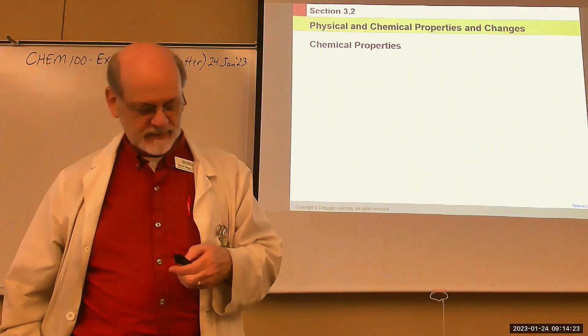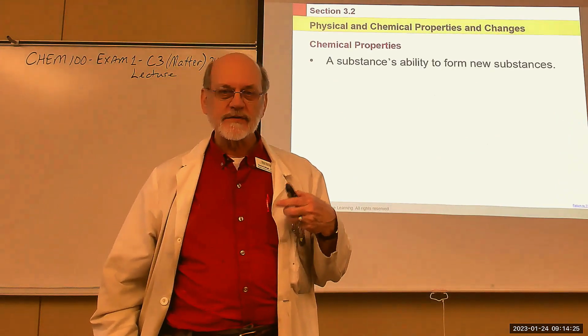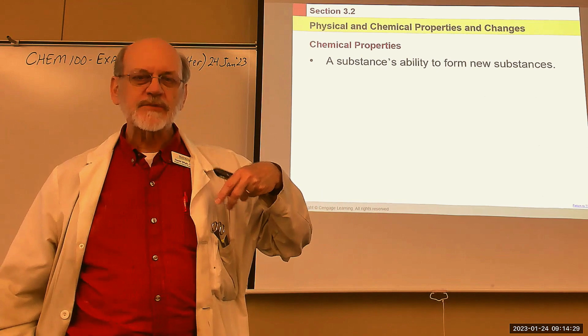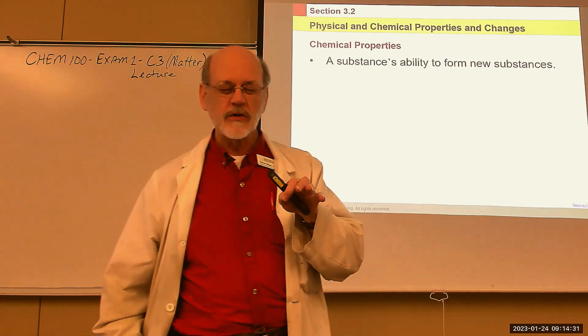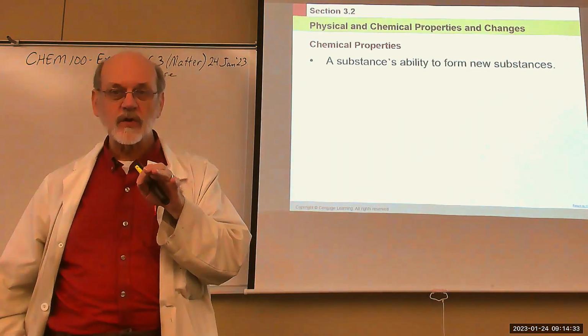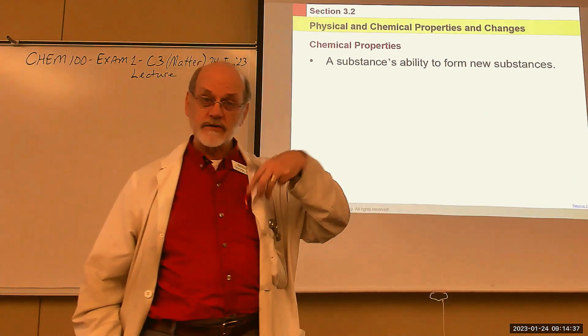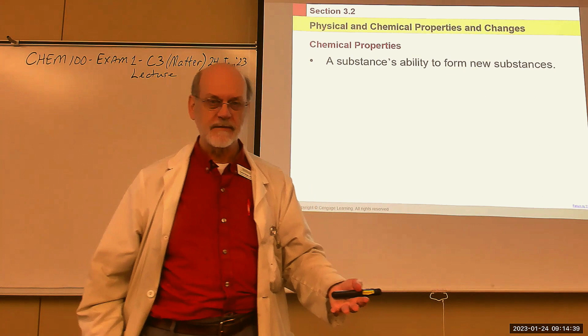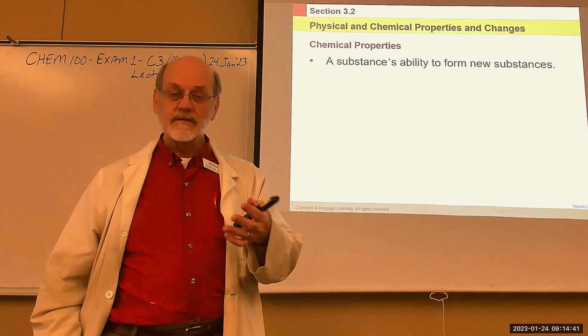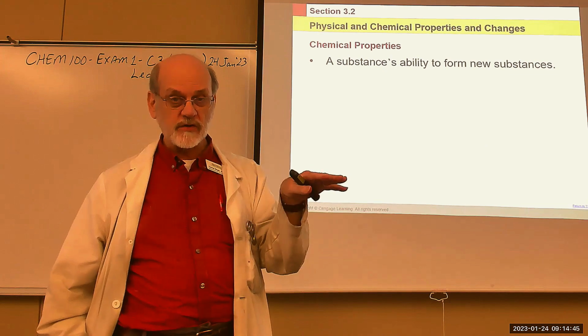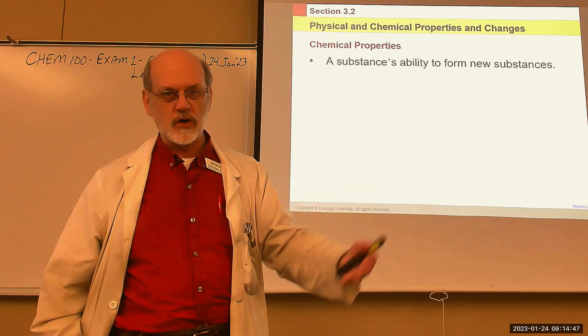Chemical properties. Chemical properties speak to the potential for the substance to undergo a change of identity and the ability for it to form new substances. Now, again, we're talking about a property, so we're not saying that the change occurs, it's just the potential to occur.